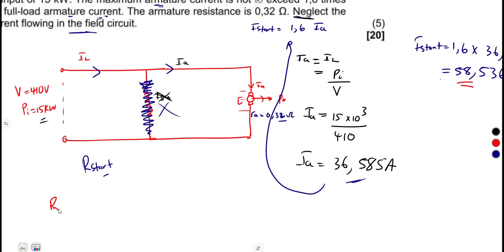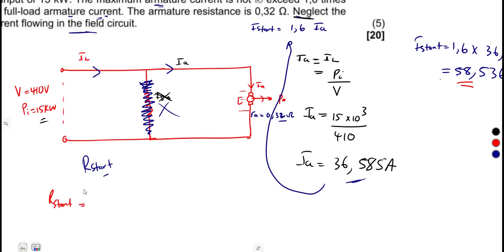So our R start is actually going to change a lot of things from the formulas the way that we are used to. It's going to be like this because we neglected that.